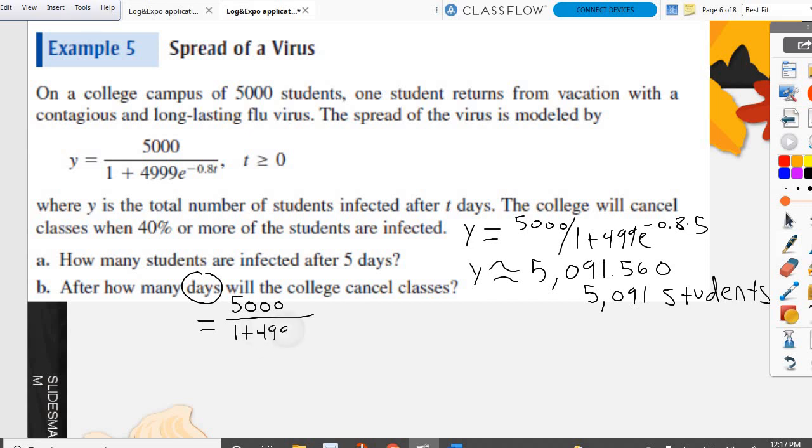So what is our y going to have to be? They don't give it to us, but they kind of give it to us. 40% of what? 5,000. So you would multiply 5,000 by 0.4, which gives us 2,000. Are we all okay with that?